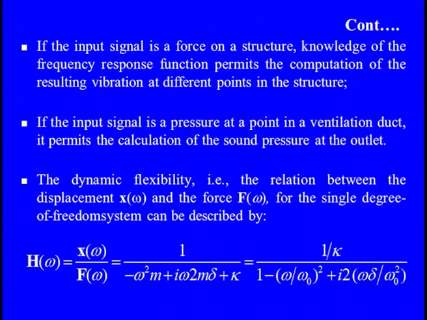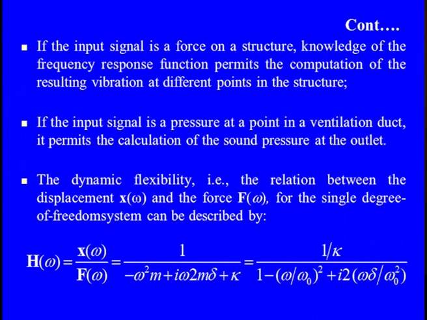So, the dynamic flexibility, which is the relation between the displacement and the force, for a single degree of freedom we can straightaway find H of omega, which is nothing but your dynamic flexibility coefficient, the output in terms of displacement divided by the input in terms of force.